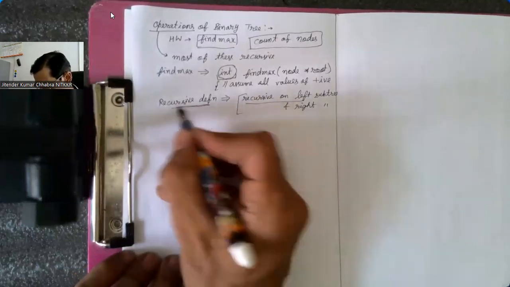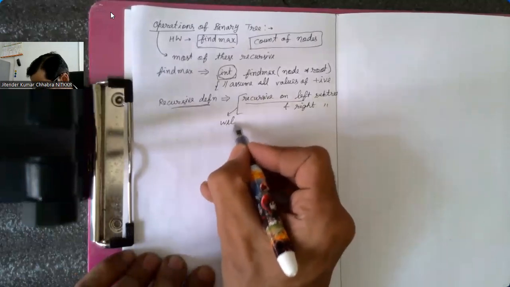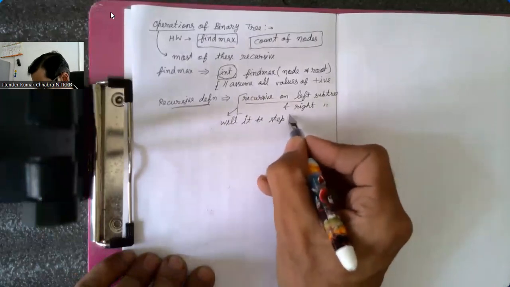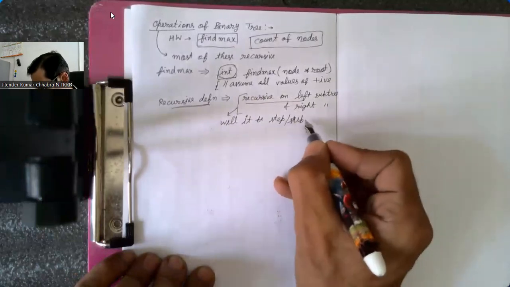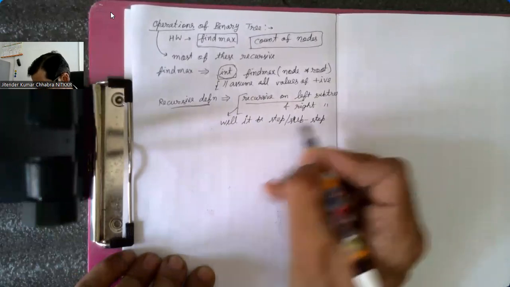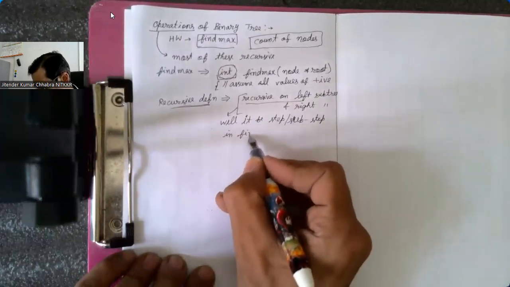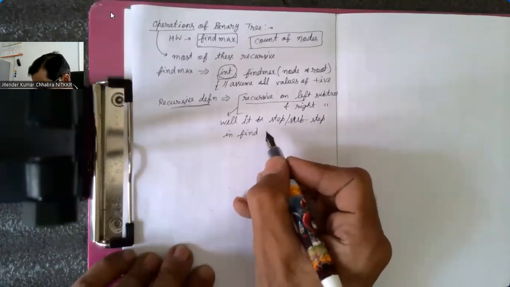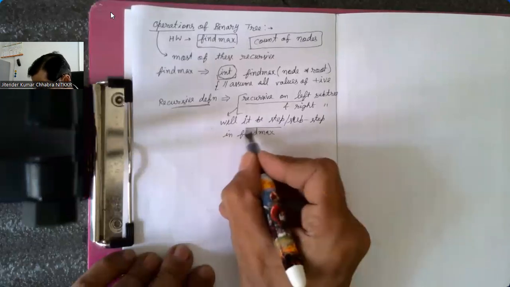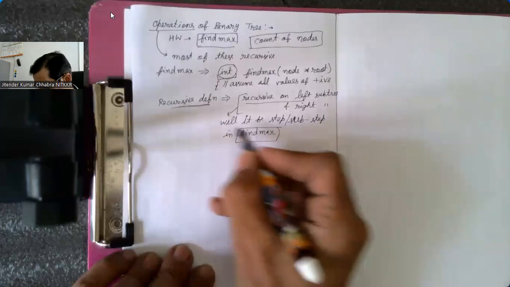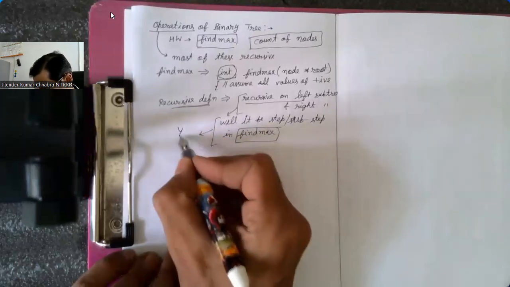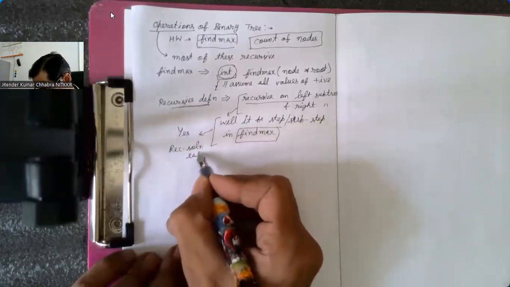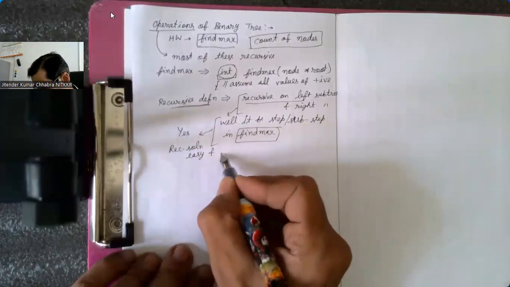Effectively, the rule is: will this be a sub-step in solving this problem? If yes, obviously recursion is applicable. If you can say that finding max from the left subtree and right subtree can be useful to find the overall max, it means recursion is useful, and the recursive solution will be easy and straightforward.